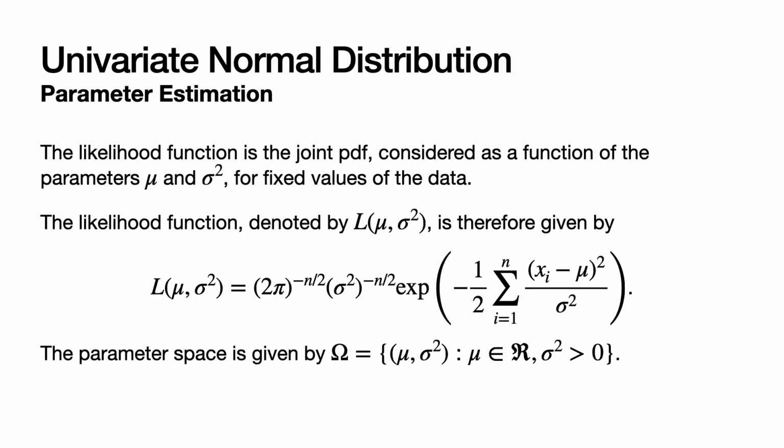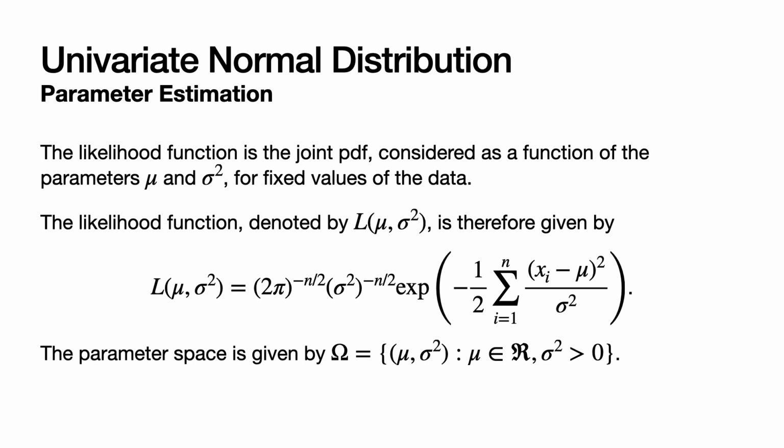Now, one important thing to keep in mind is the parameter space for the parameter associated with this distribution. We're going to denote the parameter space by capital Omega, and it's equal to the set of ordered pairs mu comma sigma squared, where mu can be any real number, and so we denote the real number line by uppercase script R. And in addition, sigma squared can be any real number that is greater than 0.